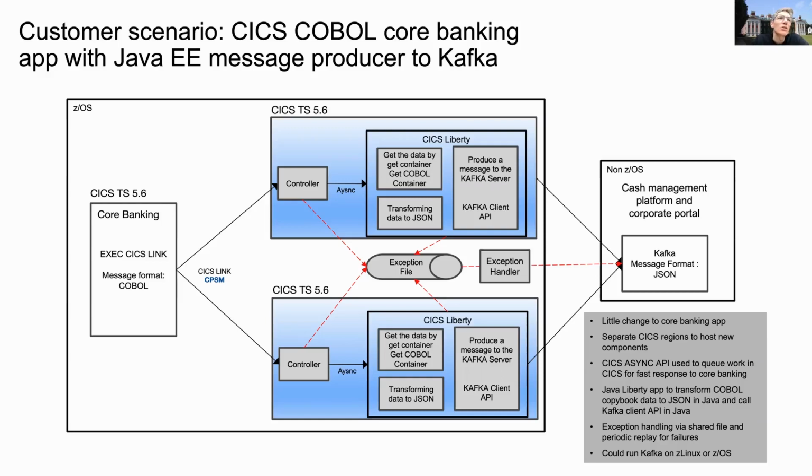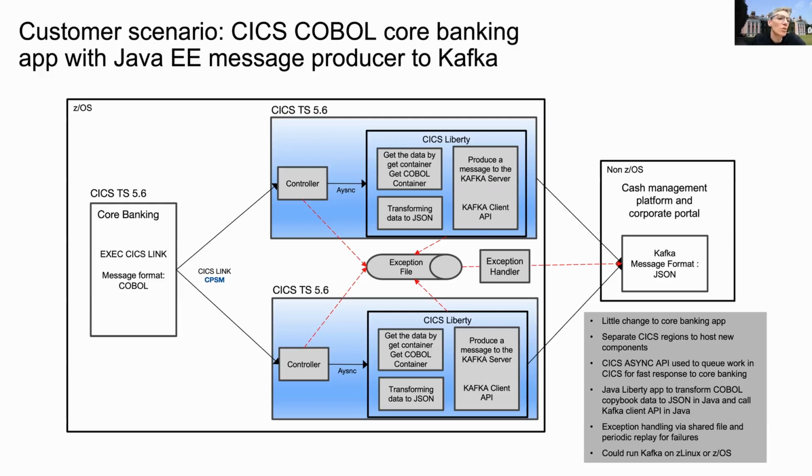So what they did, in a proof of concept, was engage with the IBM team, and within a week we were able to put together this kind of architecture just to prove out the technical intricacies of the components that would be needed.